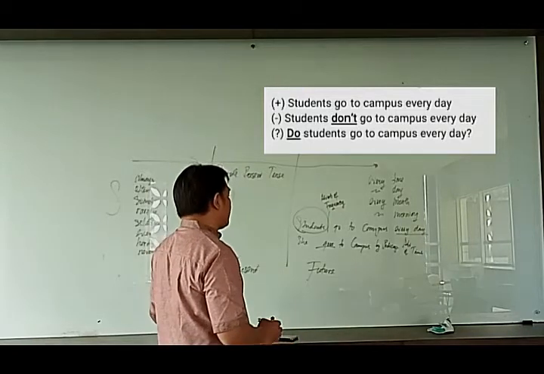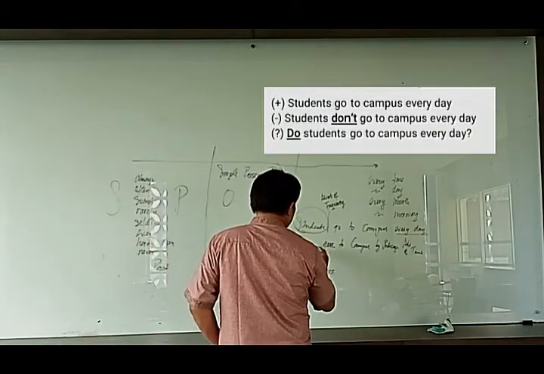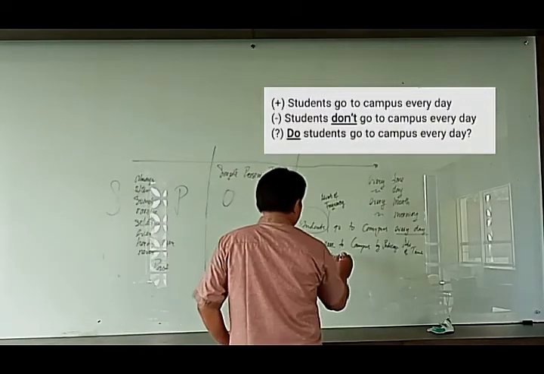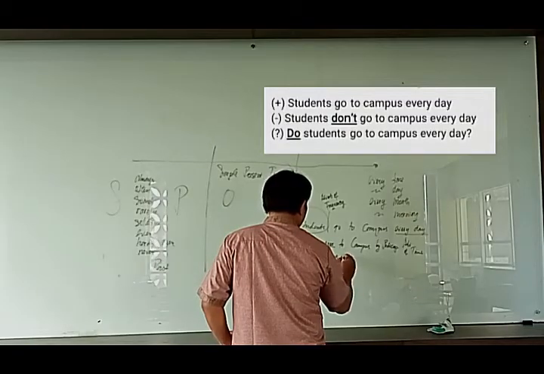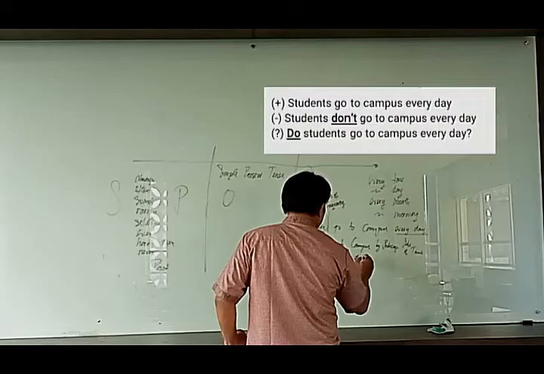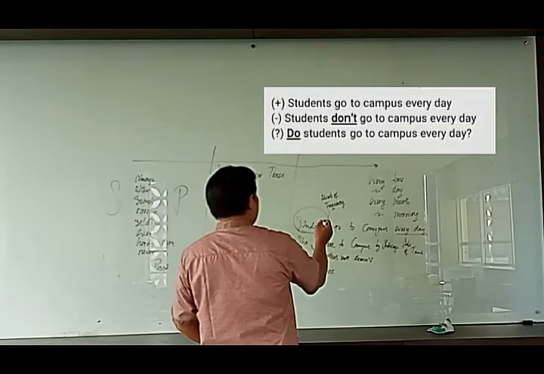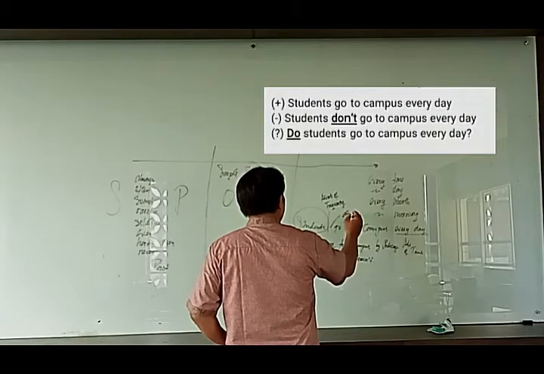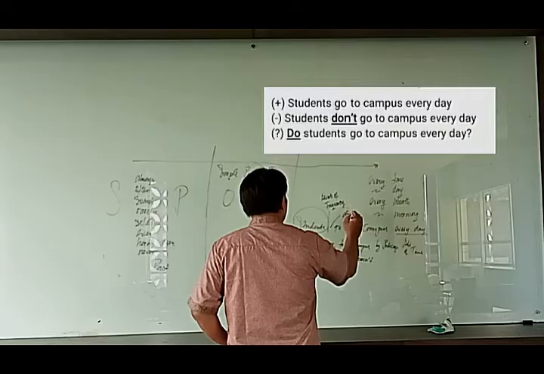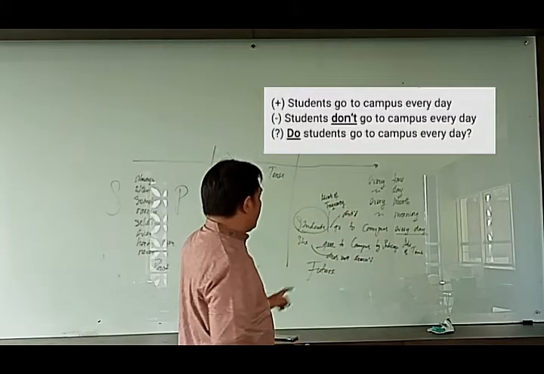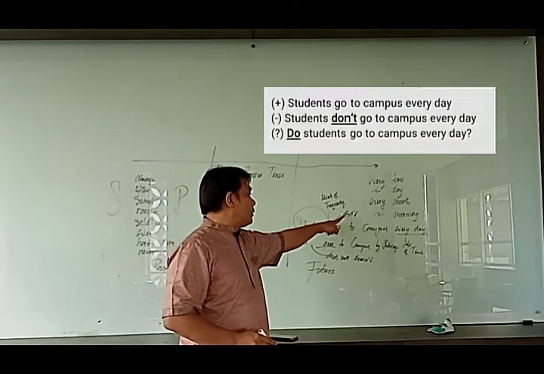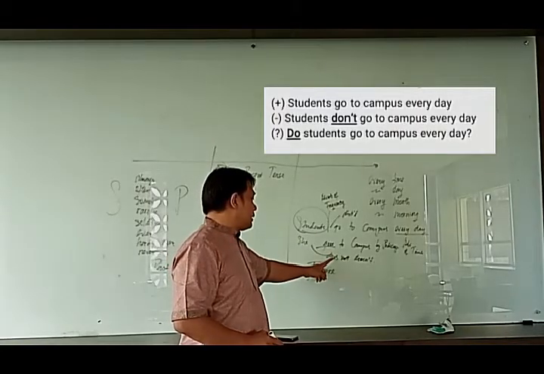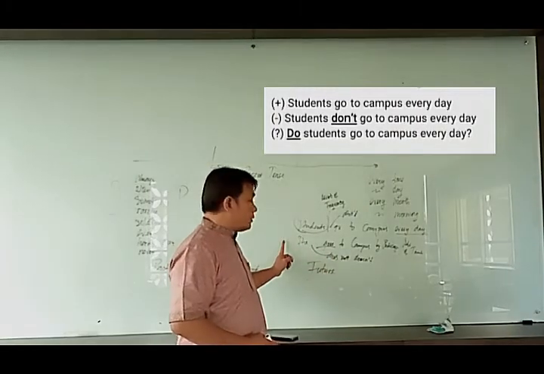And then we use does here for the negative sentence, does not or doesn't. And this one, for the negative, use do not, or don't. And then you can put do at the beginning for the interrogative, and then this one does you put at the beginning for its interrogative.